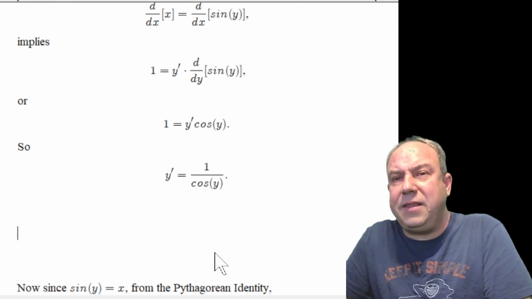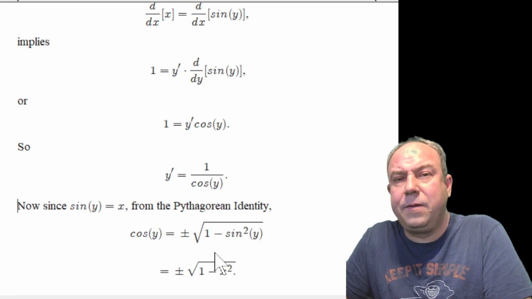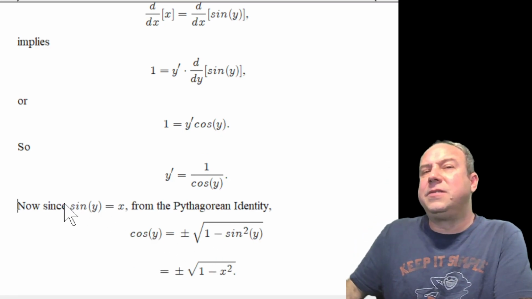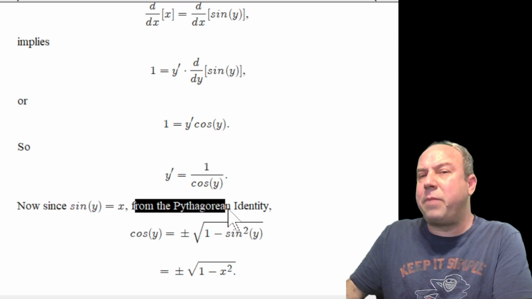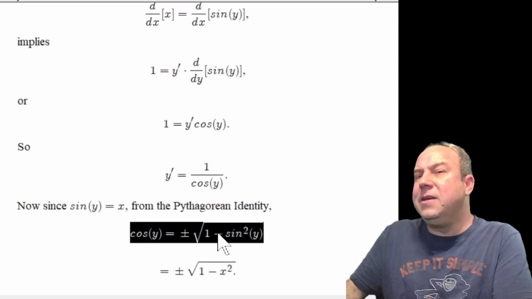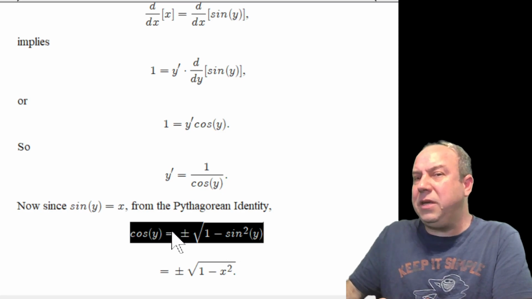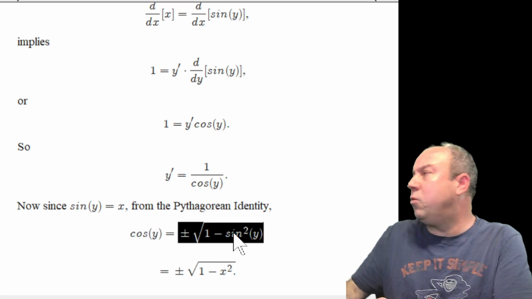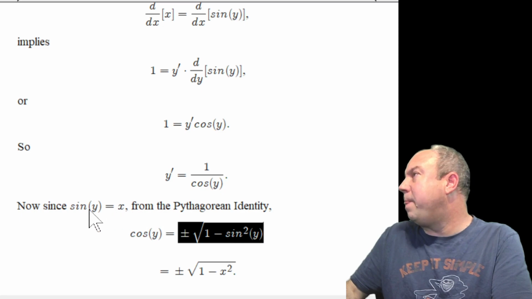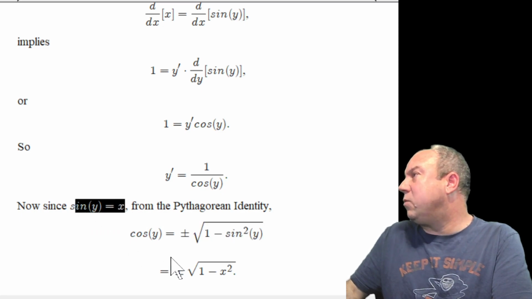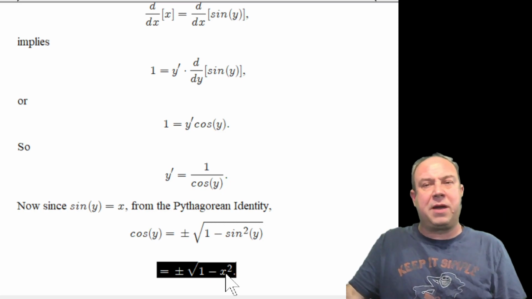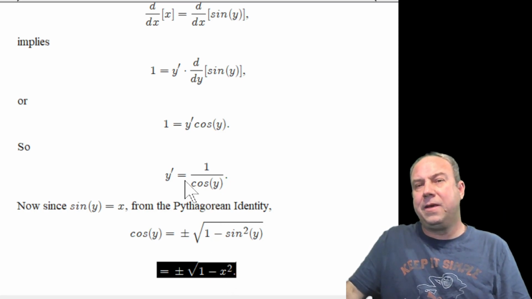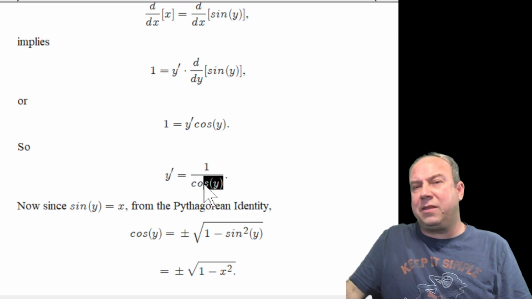And where we obtain that value from, since the sine of y is equal to the value of x, what we're able to say from the Pythagorean identity is that the cosine of y is going to be equal to plus or minus the square root of 1 minus sine squared of y. And since the sine of y is equal to x, we can say that the cosine of y must be plus or minus the square root of 1 minus x squared. And we can start to think of that being the result that we might find down here in our denominator.